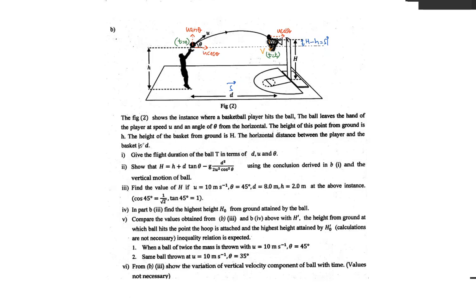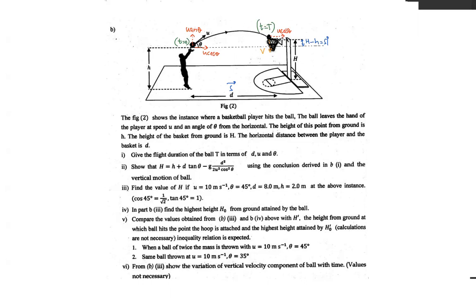Given the flight duration of the ball as capital T, not simple t. Here, when it reaches here, time is capital T. I have put the vertical component downwards because the ball will now be going down.